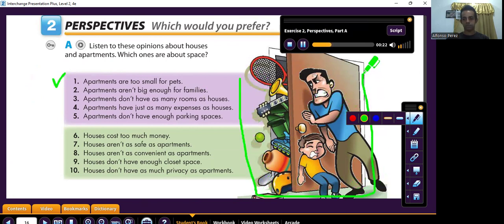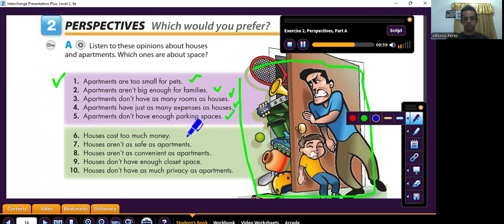1. Apartments are too small for pets. 2. Apartments aren't big enough for families. 3. Apartments don't have as many rooms as houses. 4. Apartments have just as many expenses as houses. 5. Apartments don't have enough parking spaces. 6.